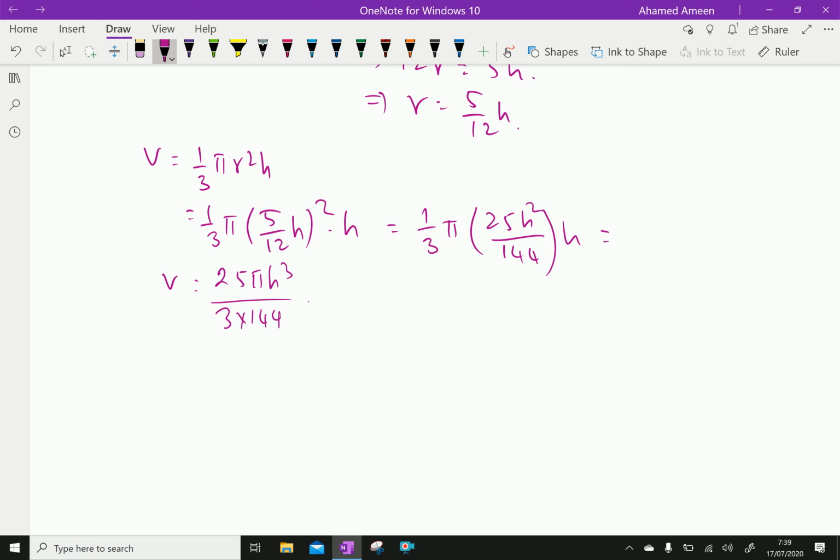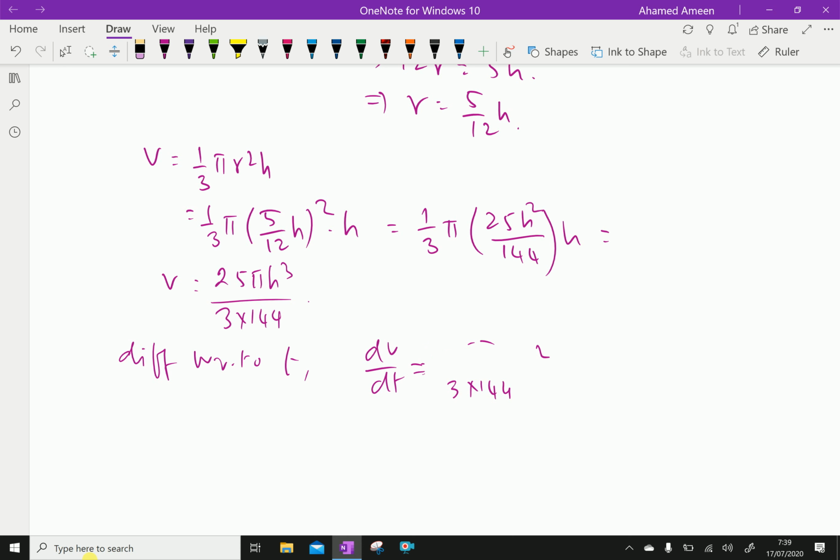Now differentiating with respect to t, dV by dt: the constants are 25 pi over 3 into 144, and the derivative of H cube is 3H squared.